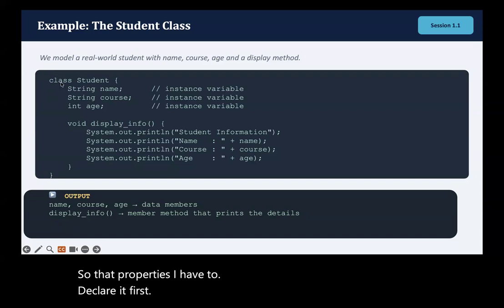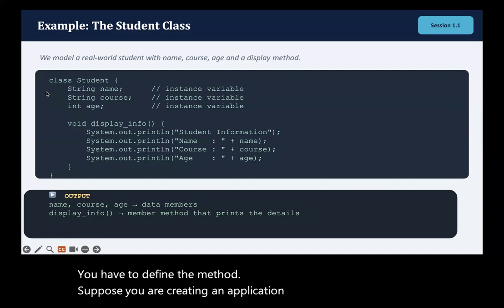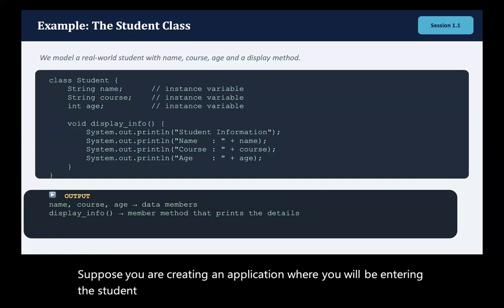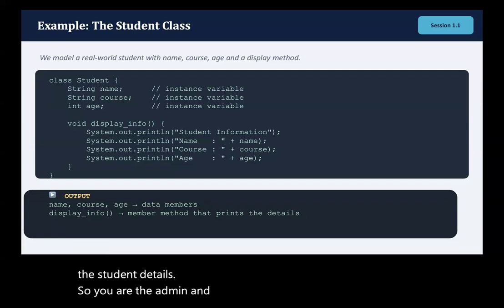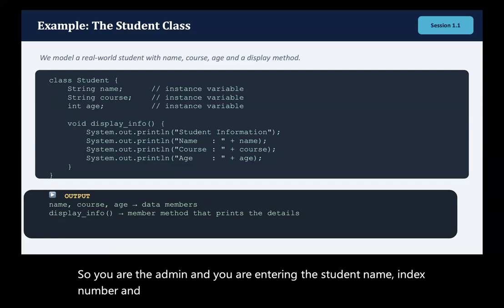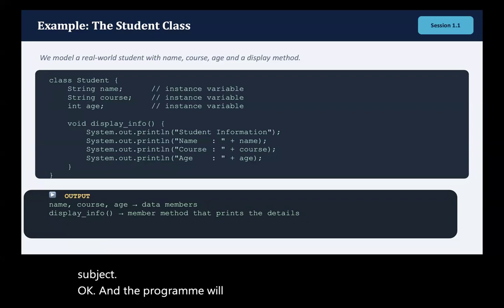After declaring all the properties, the second step is to define the methods. Suppose you are creating an application where you enter the student details. You are the admin and you enter the student name, index number, and the marks of each subject. The program will calculate the total marks and the percentage.